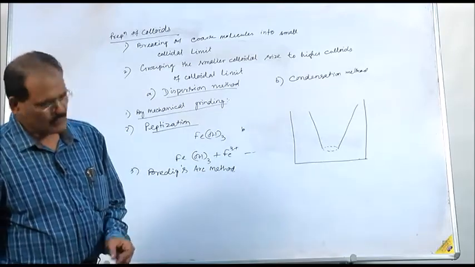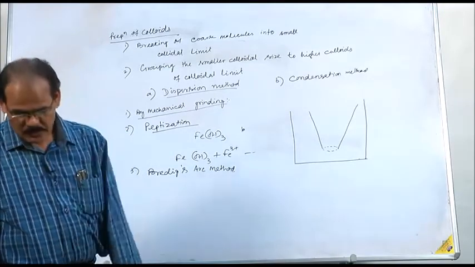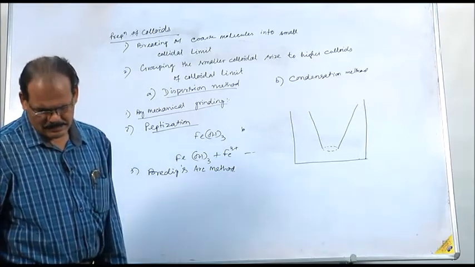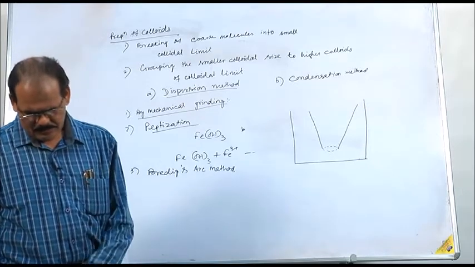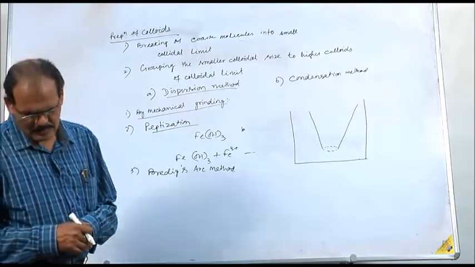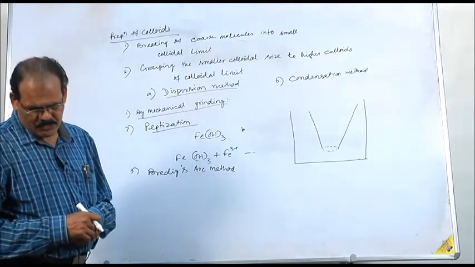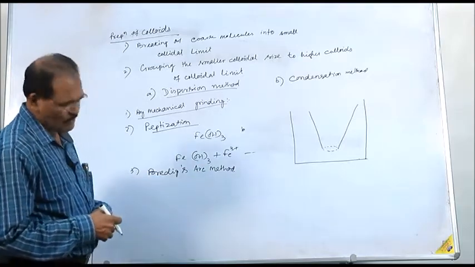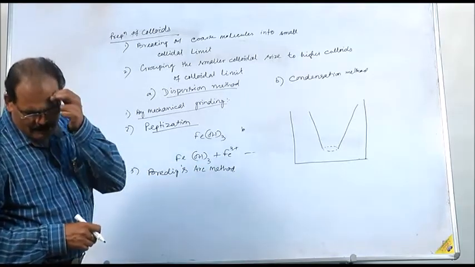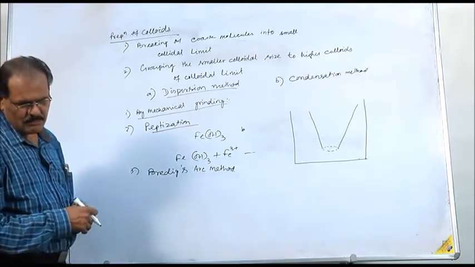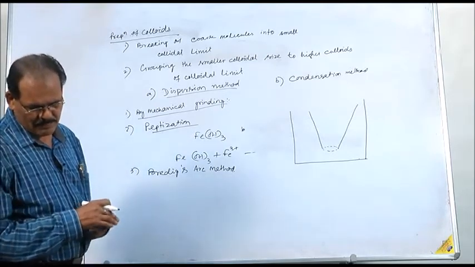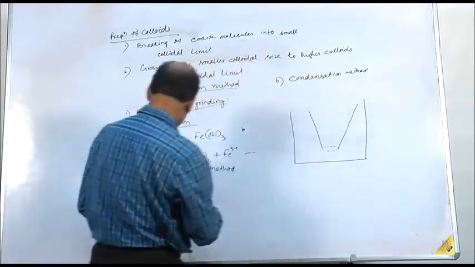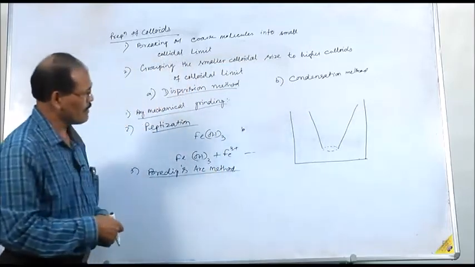For example, copper, silver, gold, platinum, whenever they are sparked, they form metal vapors, and the vapors when condensed with the water form the colloidal particles, aggregating to form the hydroxides in presence of alkali. So this is the process in which Bredig's arc method is applied.